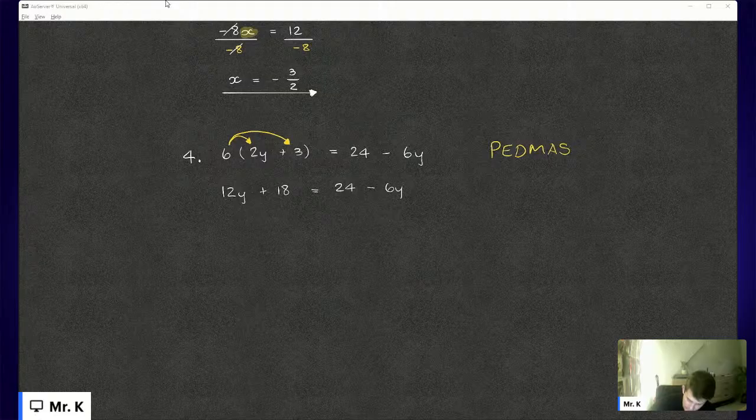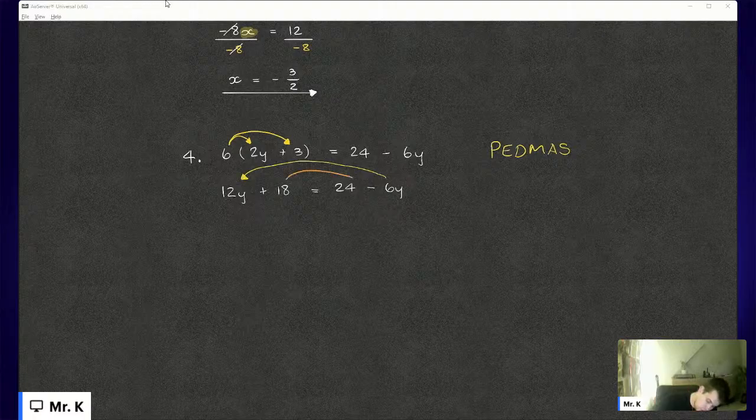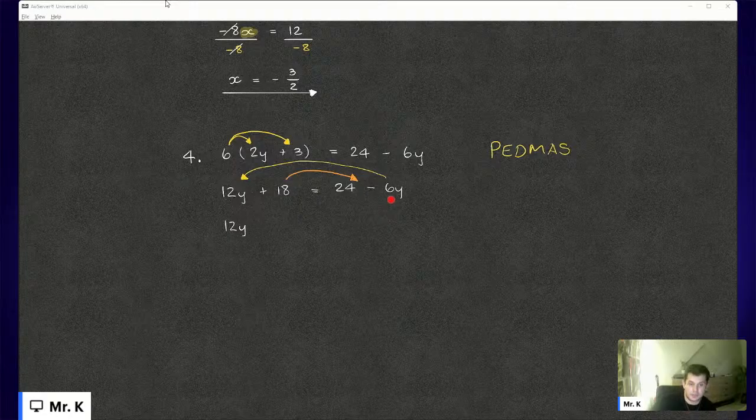Right? Again, you want to practice this process of moving elements around over the equal sign, but you need to keep in mind that you must change the sign. So on the left-hand side, we have 12y, and if we decide to bring the minus 6y over, it's going to become plus 6y.